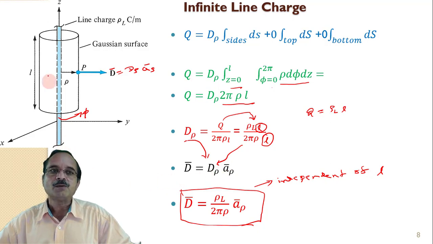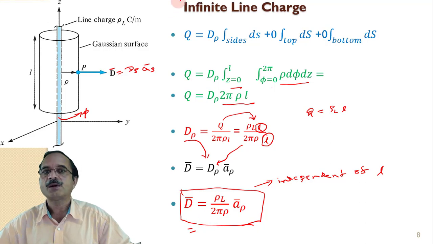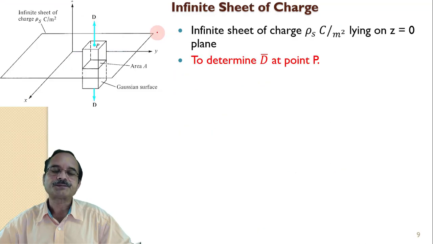So even if I assume an infinite line charge, the final expression for D will be the same. That is D equal to rho L upon 2 pi rho a rho. So this is for Gauss law applied to infinite line charge.